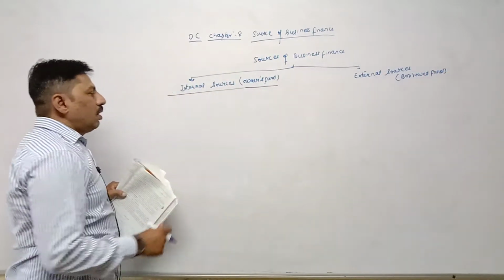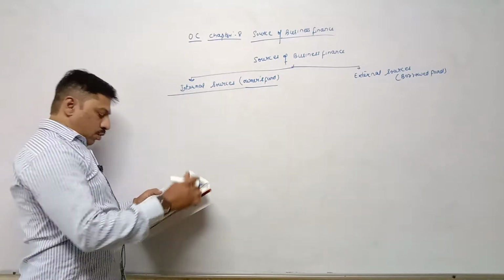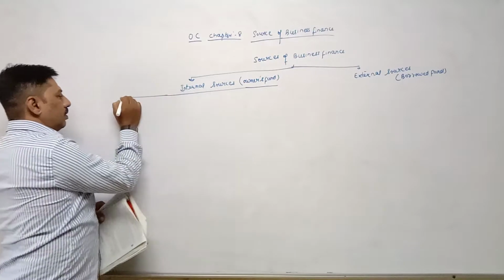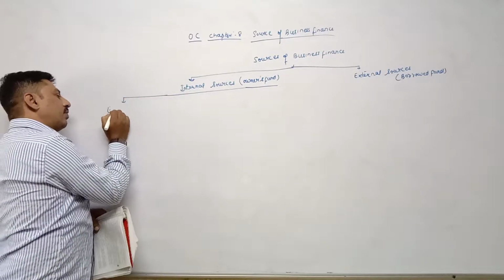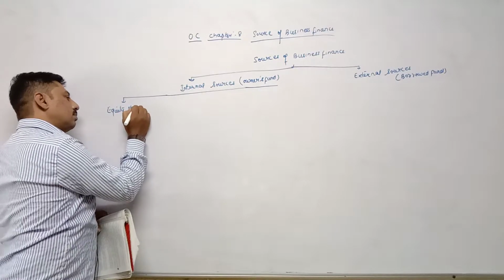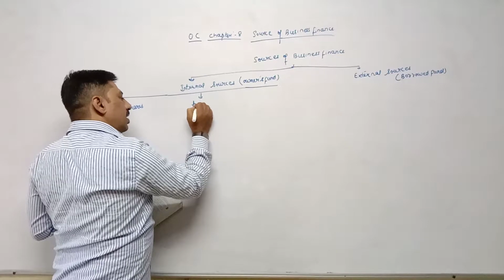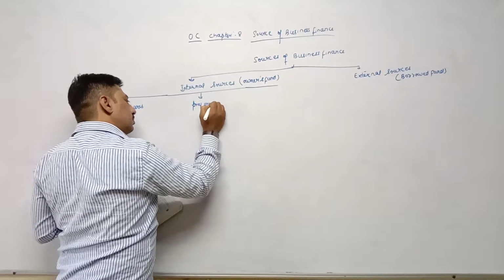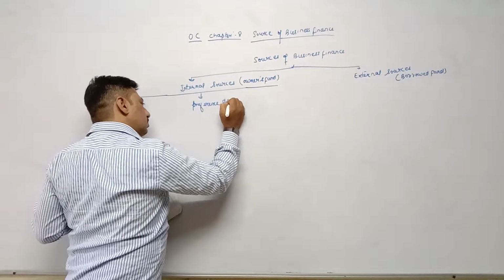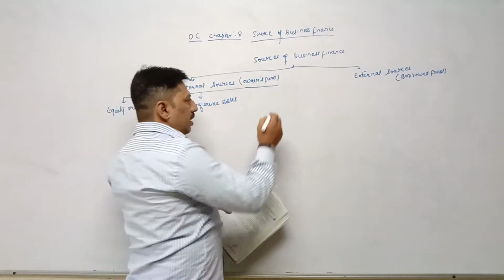Now first of all, owners fund or internal sources, according to your textbook, total three types are given. One is equity share, second one is preference shares, and third one is retained profit.